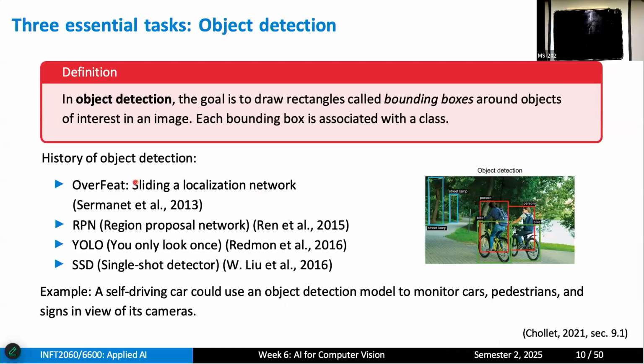All right, let's focus on object detection. Object detection, we can say, is quite similar to instance segmentation, but what's the difference? The goal is to draw rectangles called bounding boxes around the objects of interest in an image, and each bounding box is associated with a class.